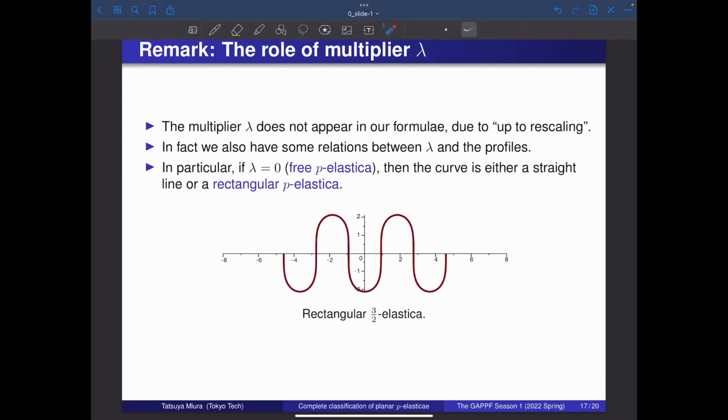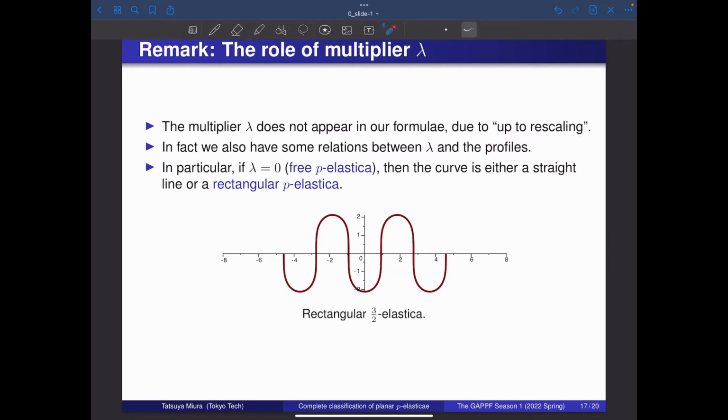And here I give some remark about the role of the multiplier lambda. So in the definition of P-elastica, we had the multiplier lambda. But in our formulae, the multiplier lambda doesn't appear. But this is just because our formulae are up to rescaling.